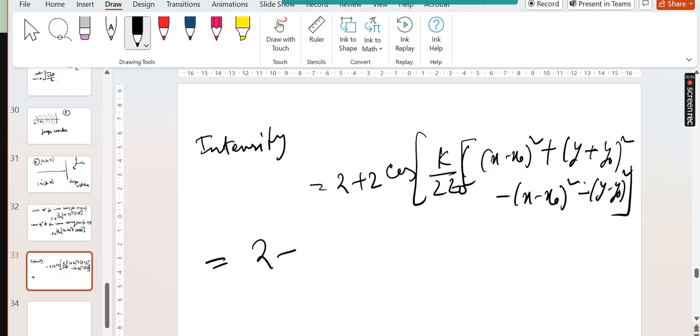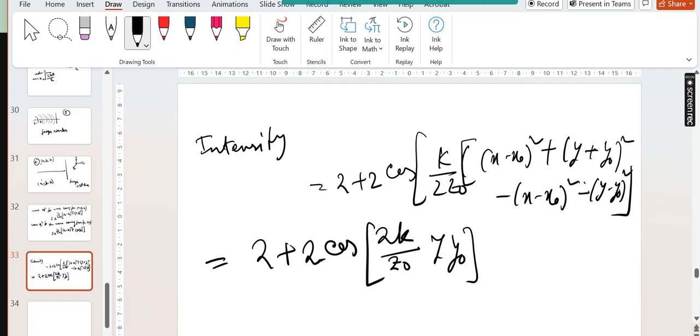So the resultant became 2 plus 2 cos 2k z naught y minus 2y naught. So this is basically the calculation of a straight line.